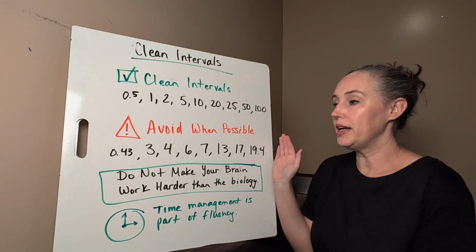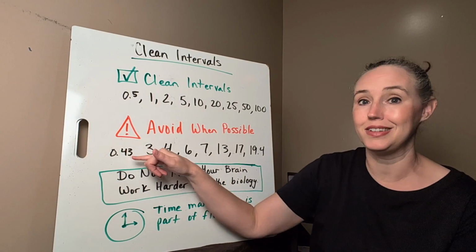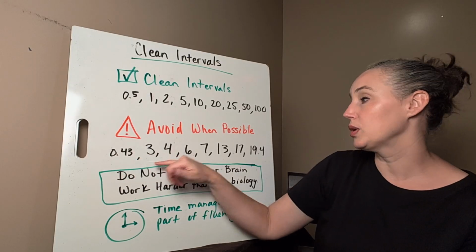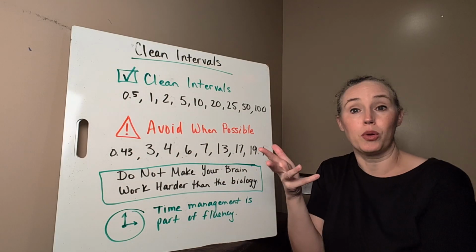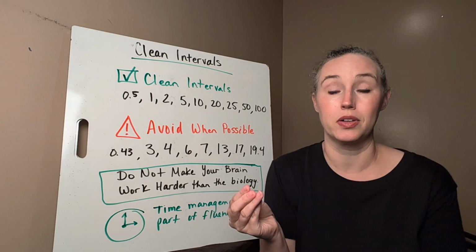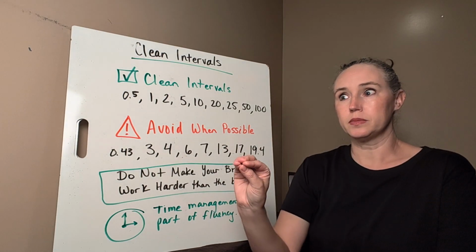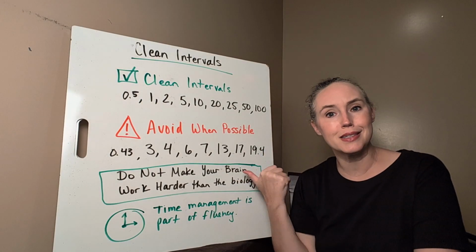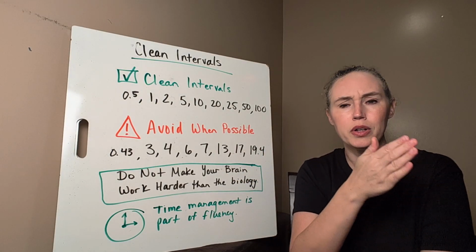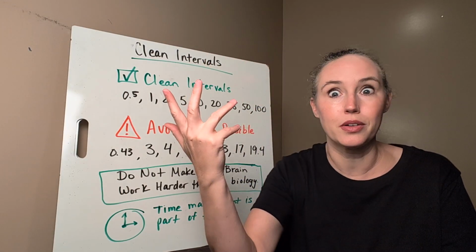We want to avoid big decimals, like multi-value decimals, 3, 4, 6, 7, 13, 17, or a number like 19.4 or even 12.5, because those intervals you have to think, and you don't want your brain to be wasting time counting what's next on the axis instead of actually building the graph, right?